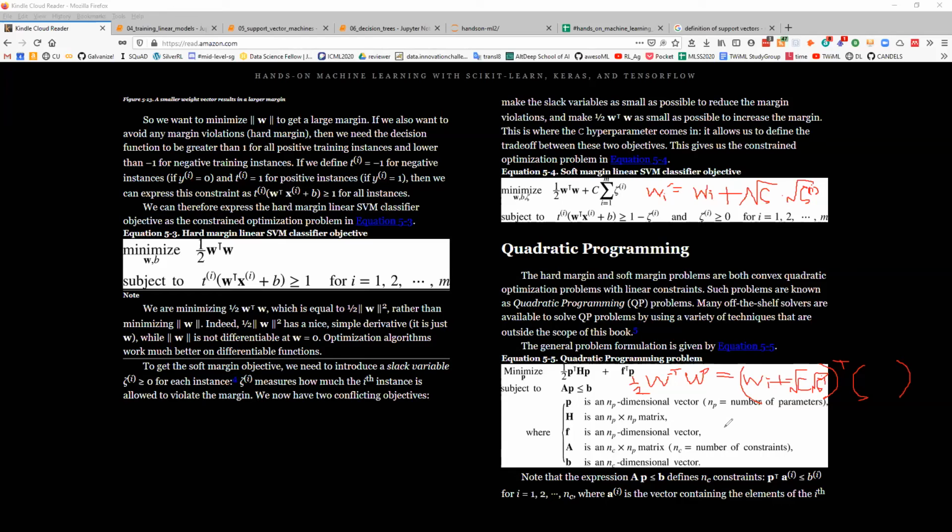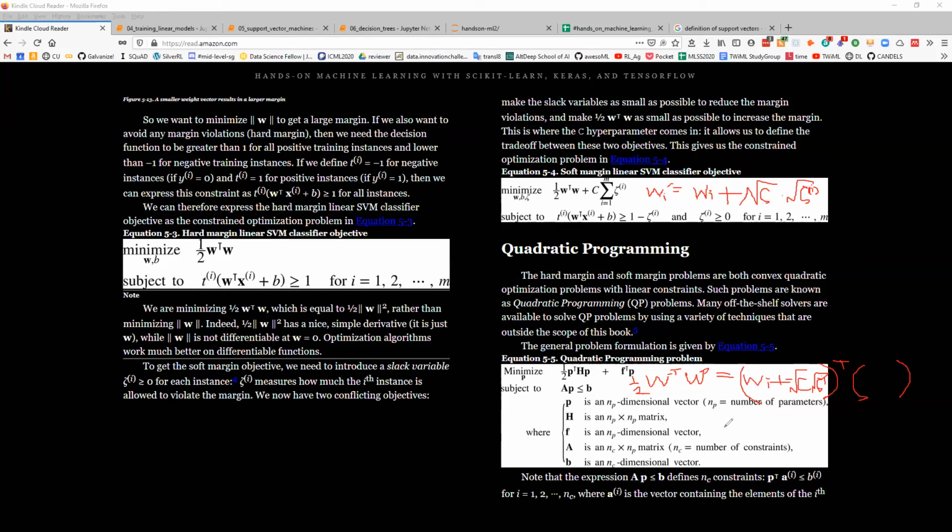So NP actually equals n plus 1 plus m, and m additional constraints, and NC equals 2m. They can be defined like so. H is equal to H prime plus m columns of zeros on the right and m rows of zeros at the bottom.